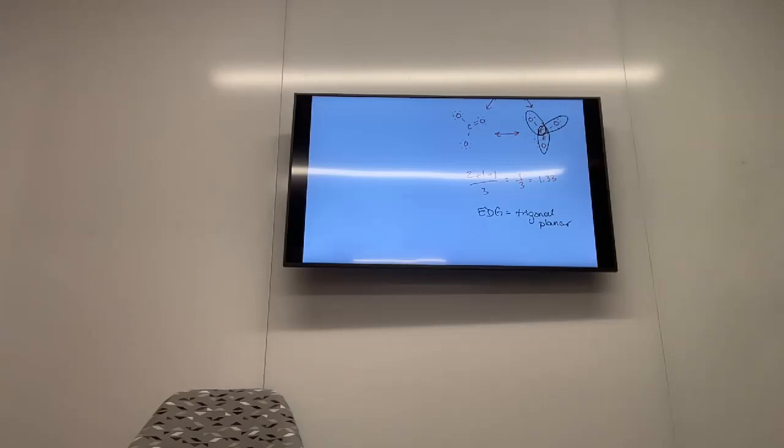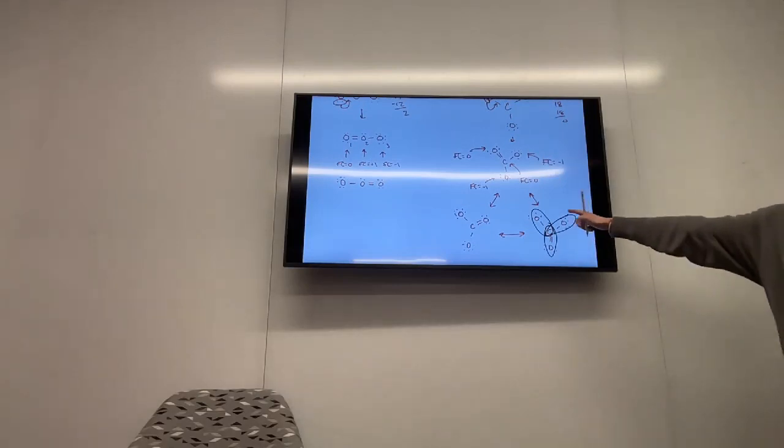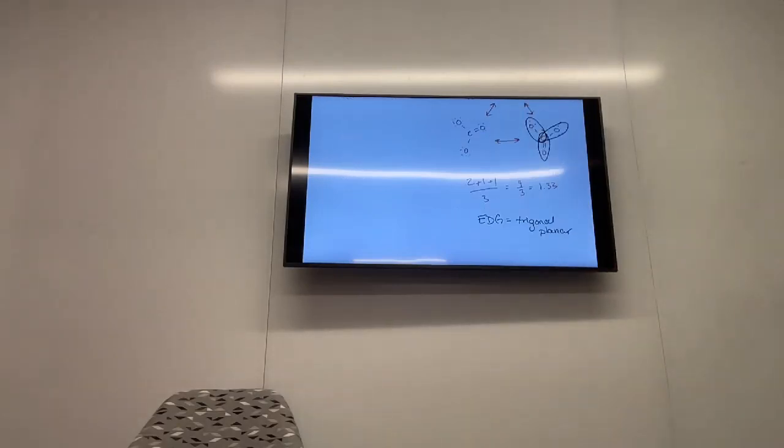Was it O3 that would be bent? Close. It's bent for its molecular geometry, but for its electron domain geometry it's still trigonal planar. So for our CO3, this is trigonal planar for its electron domain geometry. You can think of the electron domain geometry as the umbrella, and the molecular geometry as its category. For CO3 the molecular geometry is still trigonal planar.